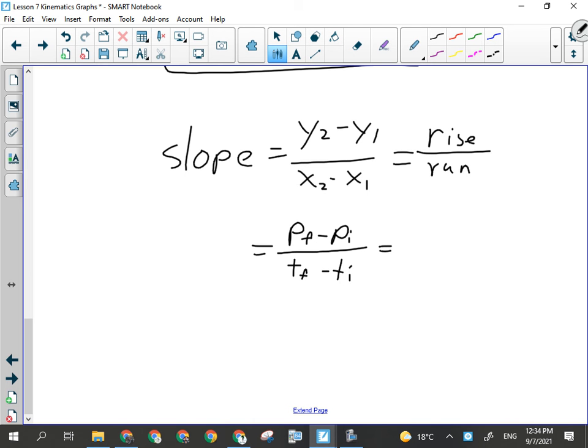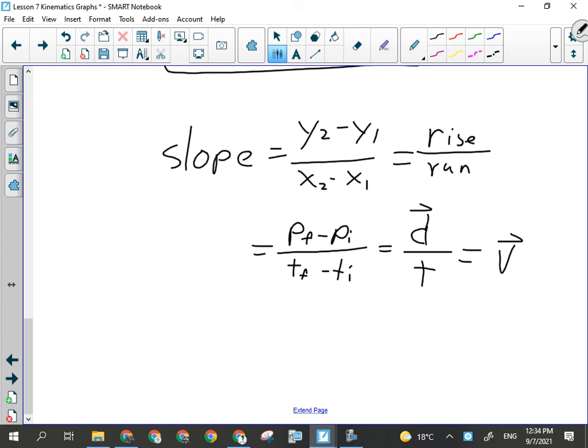This thing, this word, is your change in position. Displacement. And final time minus initial time, very simply, calculates time. Total displacement divided by total time equals velocity.